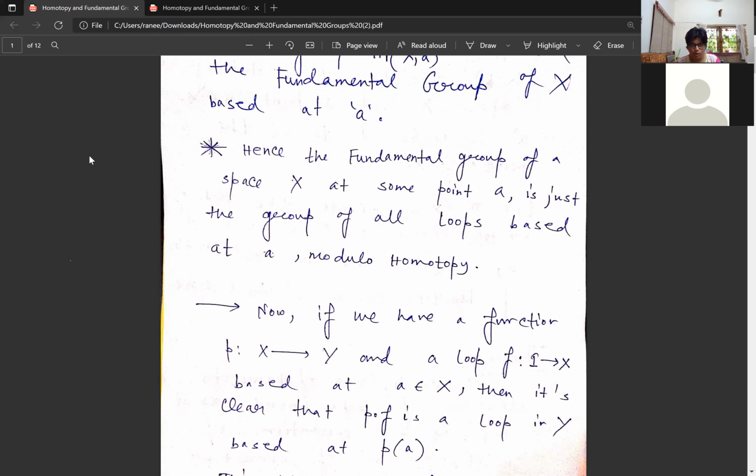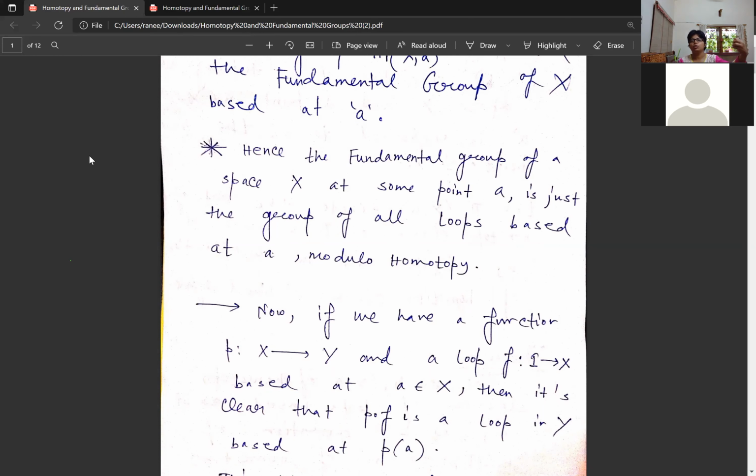My question is about this homotopy equivalence. This thing is very important because otherwise it doesn't make any sense. If you just take the collection of all loops, that will not form a group, because in that case your constant path composition with any path will be homotopic to some other path.